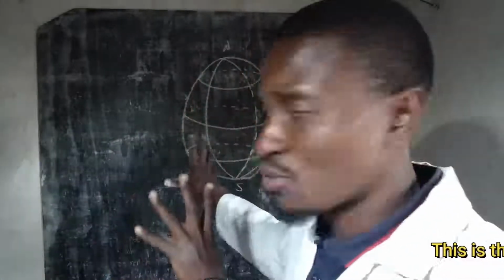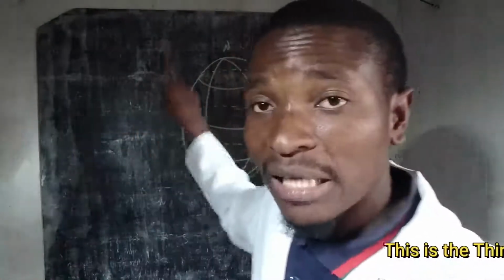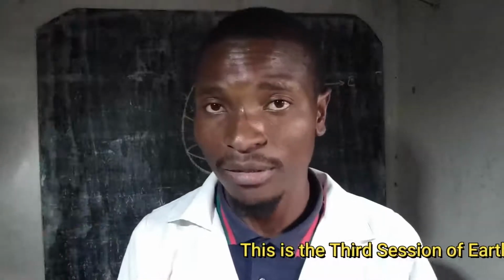So if you relate this concept to the lines that we draw on the earth's surface, then the y-axis are the longitudes, the x-axis are the latitudes. Now here is the point that I want to make clear to you: the longitudes are measured either east or west, and the latitudes are measured either north or south.